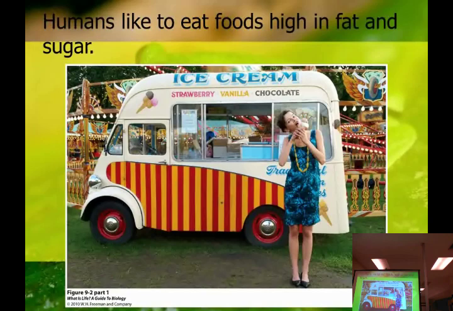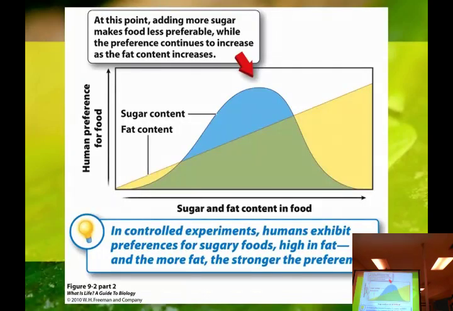And whenever you think of somebody's favorite food, their favorite food is usually something high in fat and high in sugar. Nobody ever says their favorite food is celery, because that's not what we have evolved to do. And so if you think of the foods that you eat, at a certain point, adding more sugar to a food makes it less preferable.